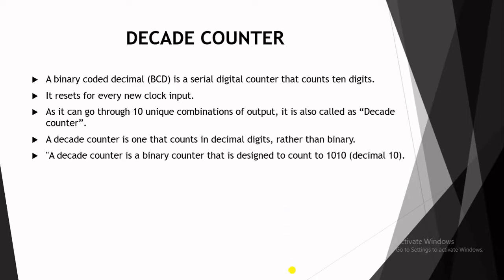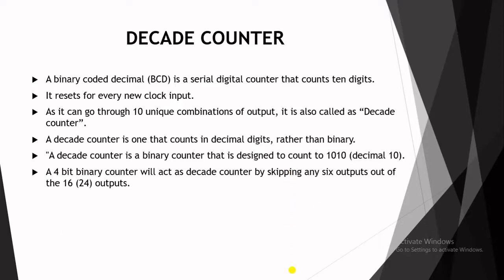A decade counter is a binary counter that is designed to count to 1010. This is a decimal 10 number. A 4-bit binary counter will act as a decade counter by skipping 6 outputs out of the 16 outputs.